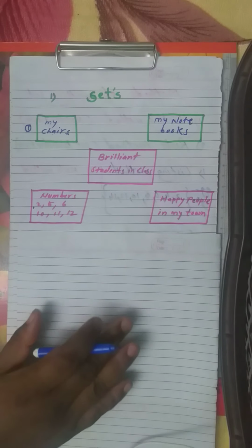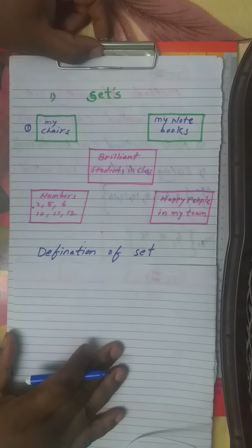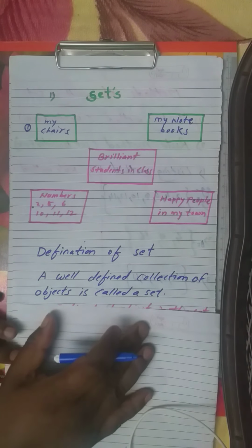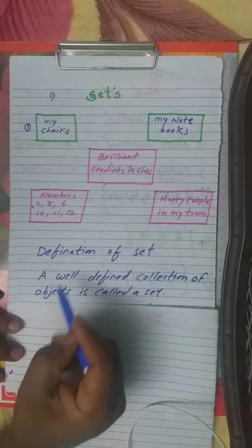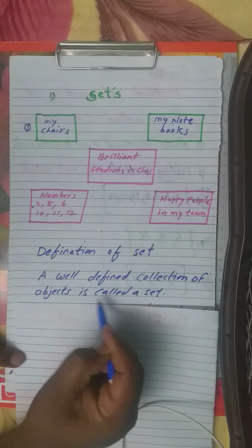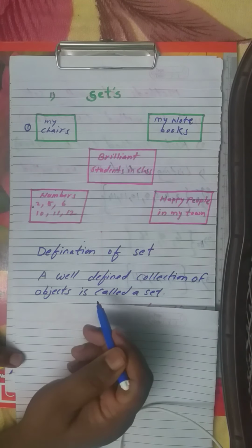Now dear students, we have to go through the actual definition of a set. Definition of a set: a well defined collection of objects is called a set.